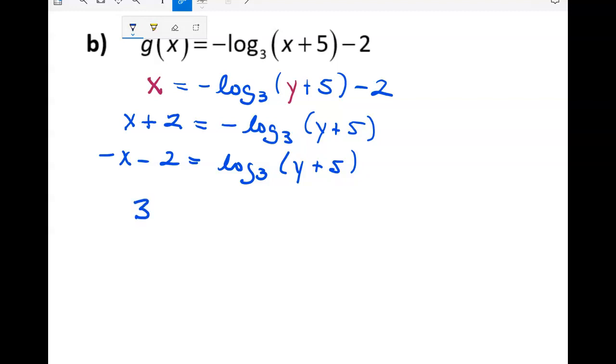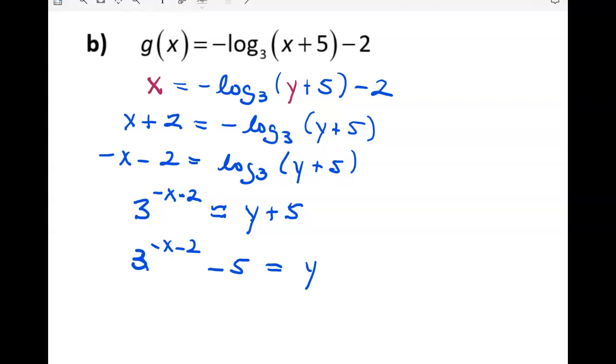So 3 raised to the negative x minus 2, negative x minus 2 is the exponent since the logarithm is equal to it, is equal to y plus 5. Last step, let's subtract off 5. So we have 3 raised to the negative x minus 2, minus 5, is equal to y. Now, to avoid confusion, I'm going to write this differently.